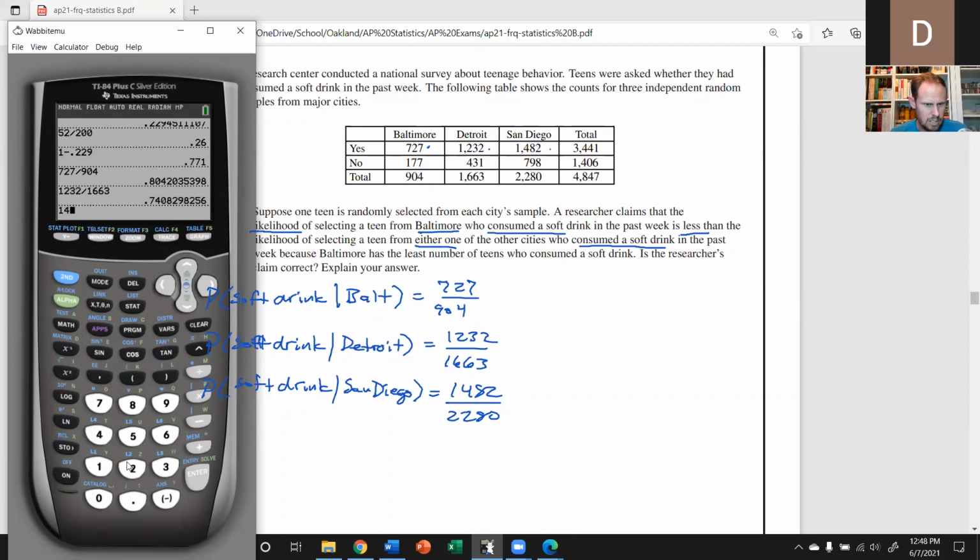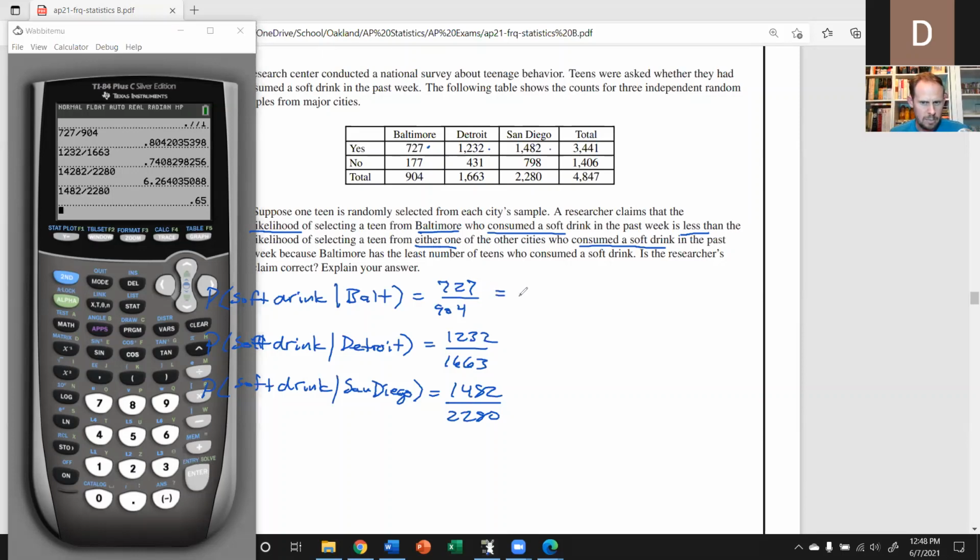And the other one is 1,482 out of 2,280. I added an extra number in there somehow. There we go. So there's our 3 answers.